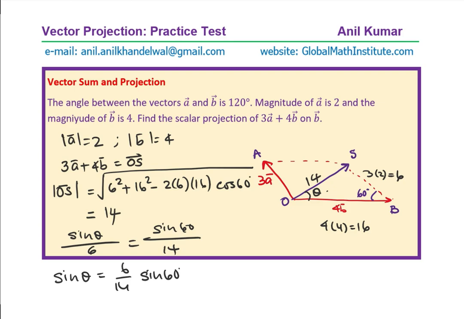Which is 6 sine of 60 degrees divided by 14, equals 3 square root 3 over 14.